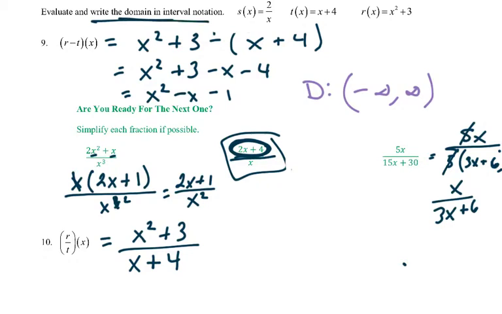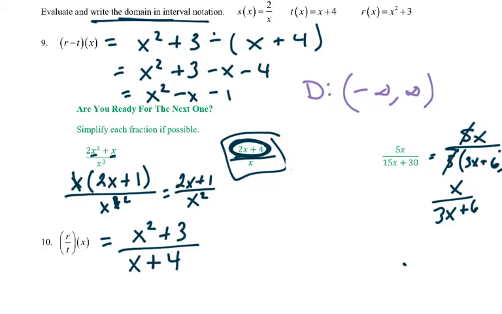What I'm looking for here is, can anything simplify? Nothing factors out of the numerator, nothing factors out of the denominator's terms, and so therefore I have to look at the entire numerator and see if it can cancel with the denominator, which it cannot. These are connected with addition, so I cannot cancel them out.